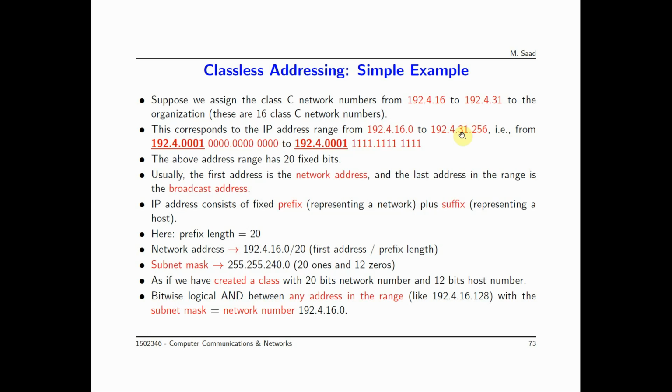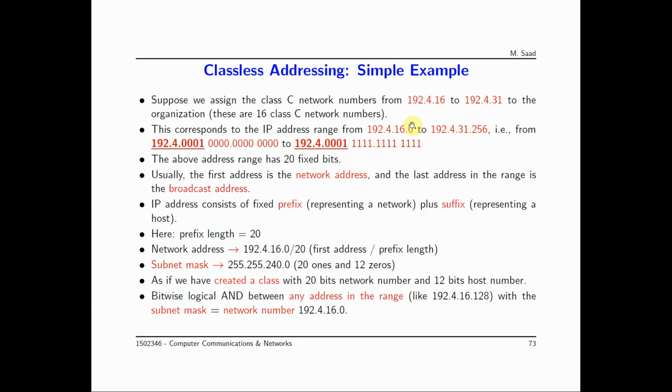And then the last address here is 192.4, because this is fixed, and then 31 is 0, 0, 0, 1, 1, 1, 1, 1. So that's the 31 here. 31 is 5 ones, right? Preceded by 3 zeros, so that we have 8 bits in total.